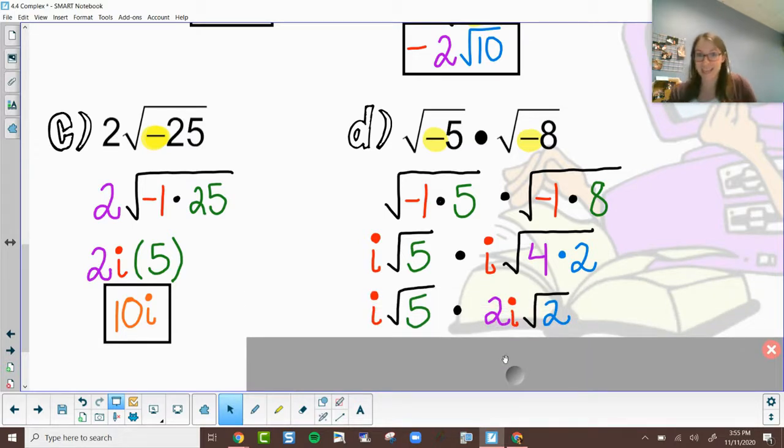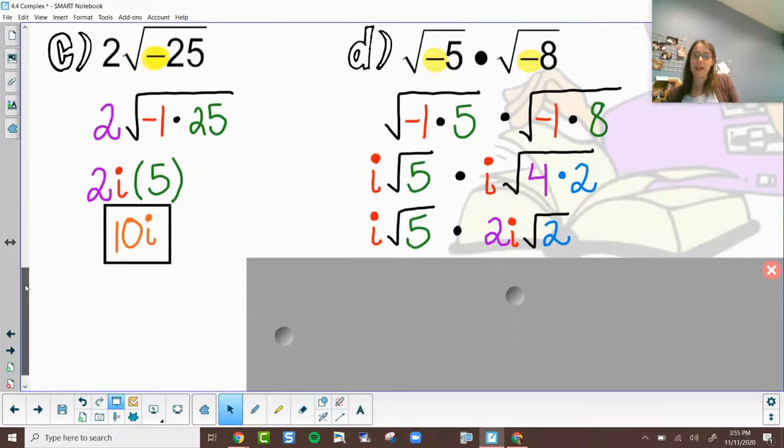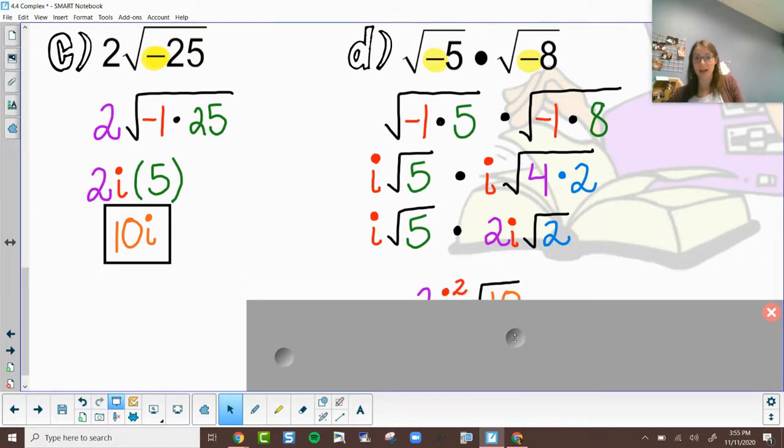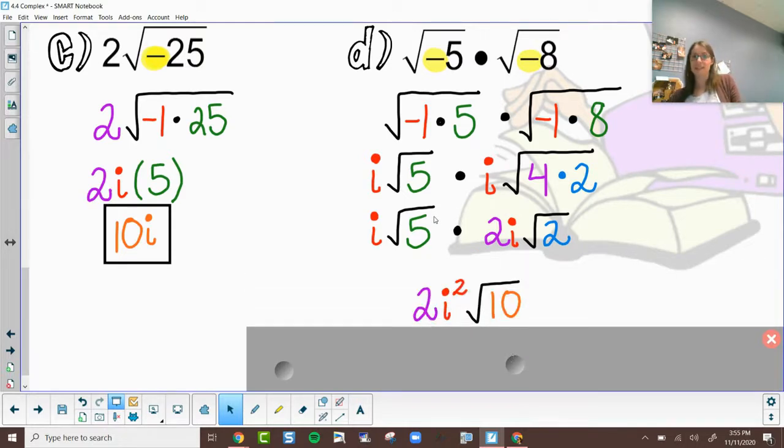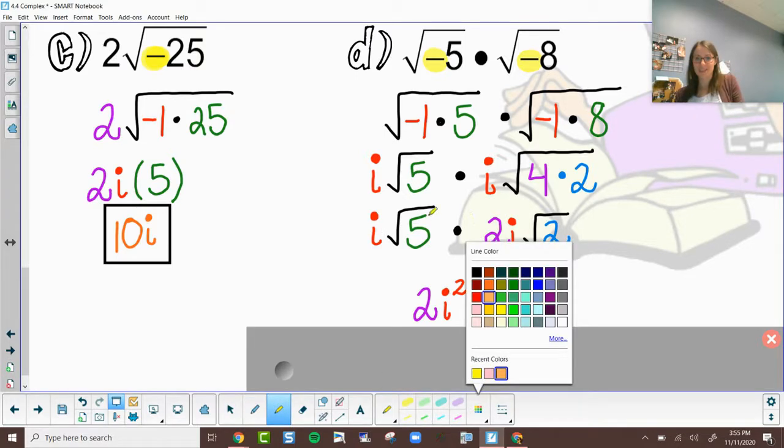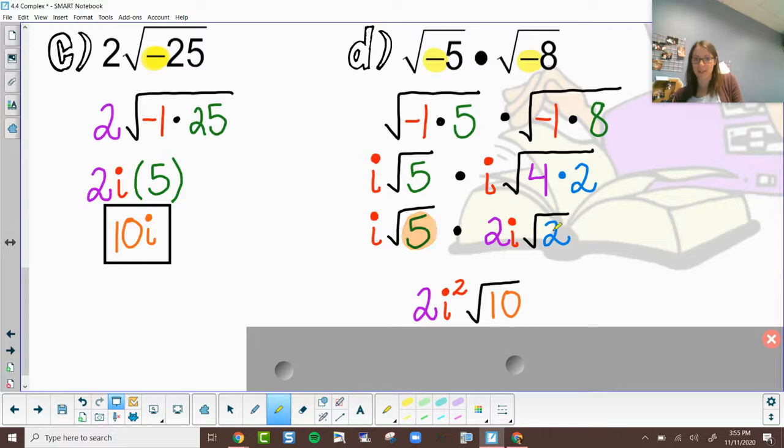You'll see I yanked the i's out because I have square root of -1. And now all I'm going to do is just multiply those pieces back together. So I've got 2i squared times root 10, 5 times 2. I think that step is particularly sneaky, so I did 5 times 2. That's where I got the 10 from.